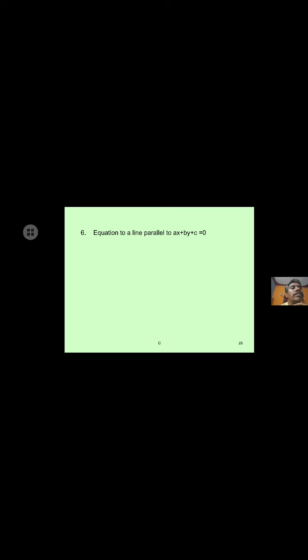This is the condition. Generally the x and y coefficients are the same, otherwise we have to convert them to look the same. So here options are given.